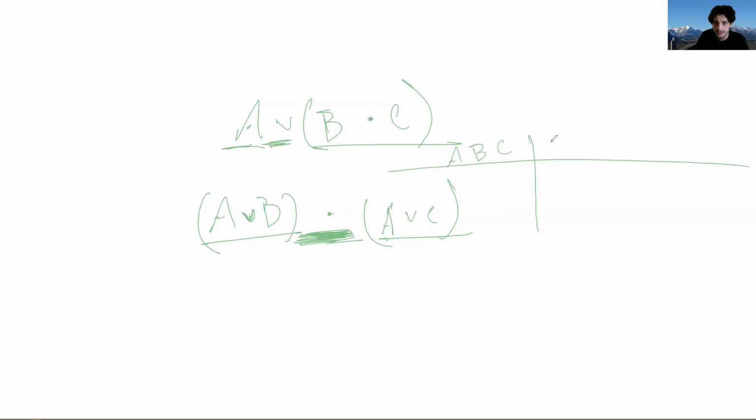So just set this up and say, okay, A or (B and C), and that's one line, and then do (A or B) and (A or C). And again, you want to watch for, okay, what are the main operators at the end of the day?